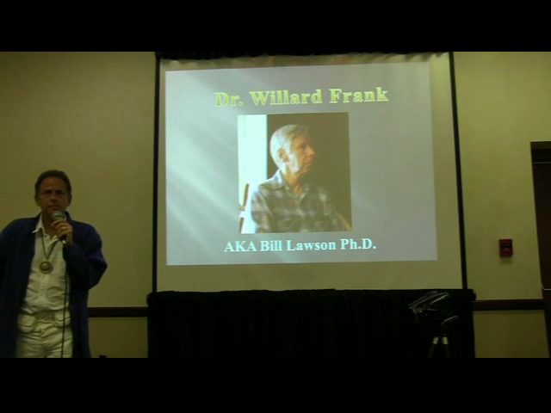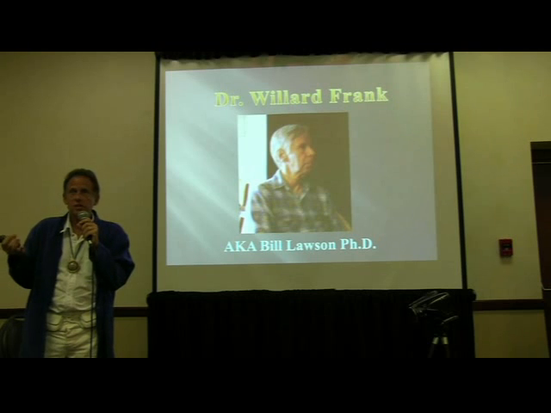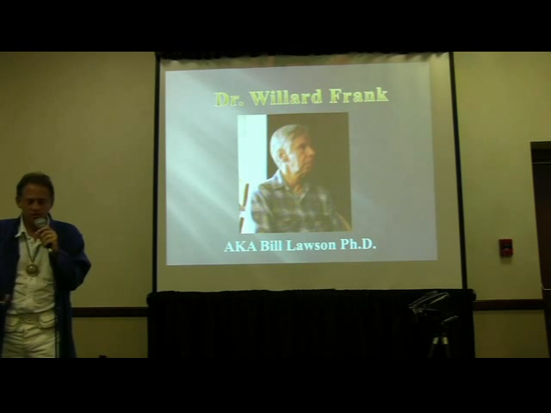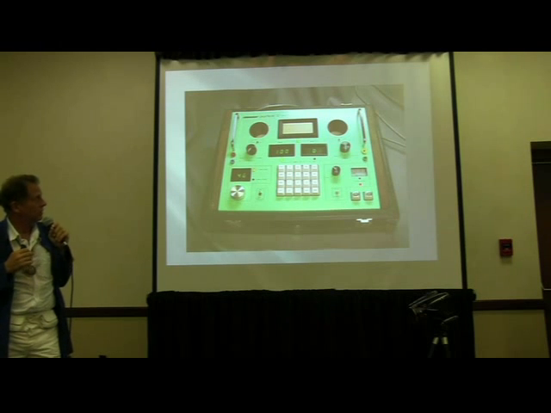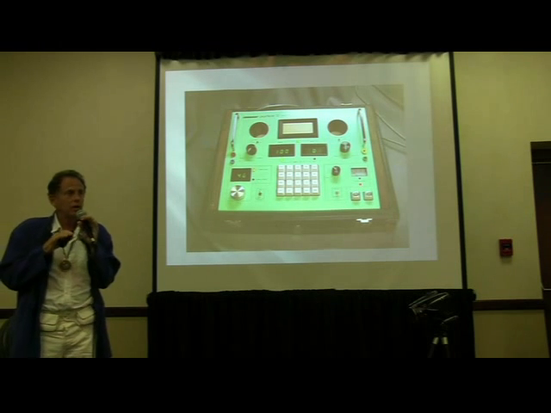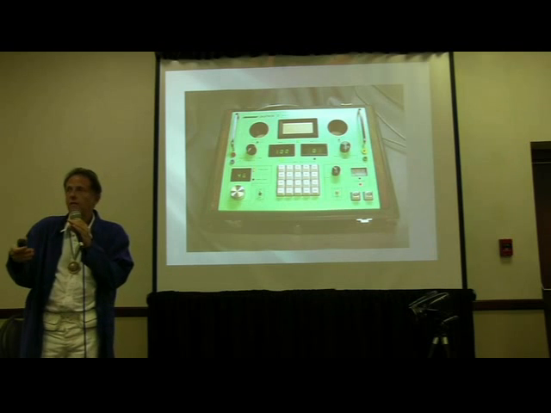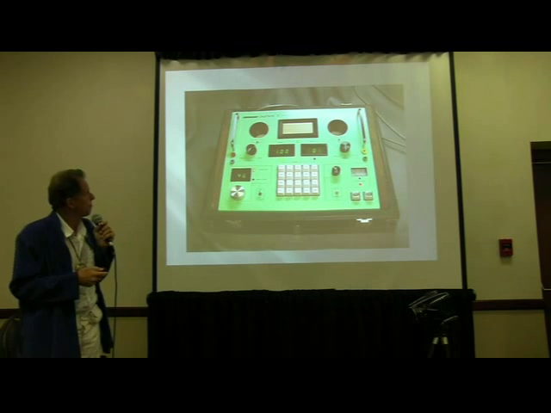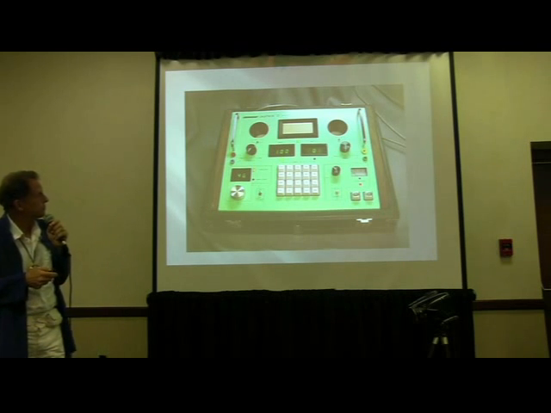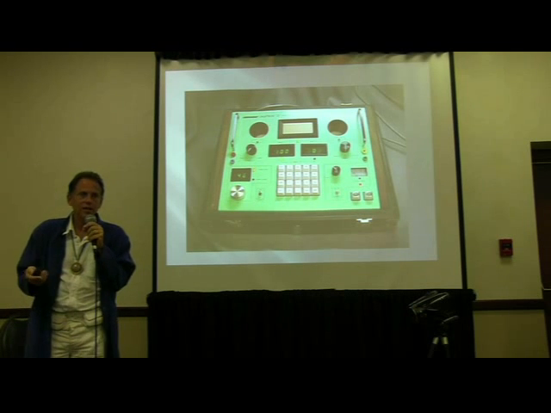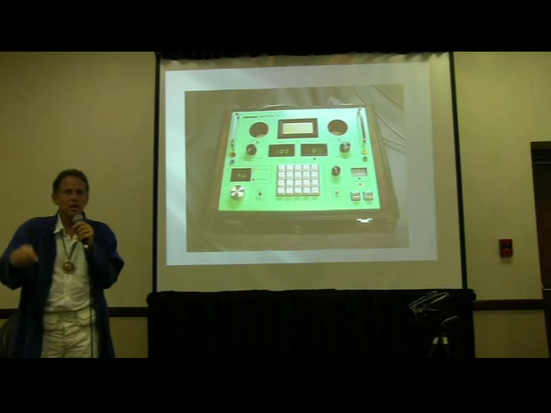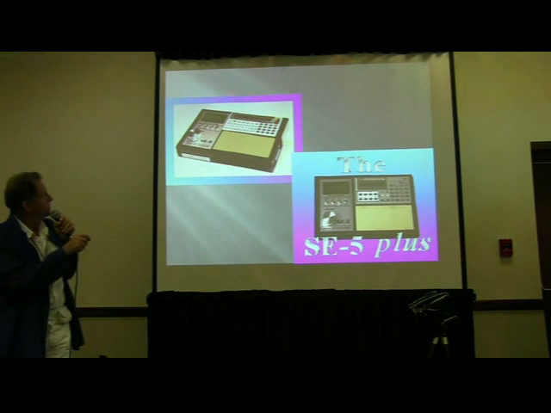He did the Vitatron, the Nutritron, the Digitron, the SE5, the SE5 Plus, and this was the world's first digital radionics unit. It had memory. You could sequence rates one after the other, and it was a very fine instrument. It just was quite big and heavy and bulky, and then after the Digitron, he went one step further and created the first SE5, which had the little Sharp calculator on it.